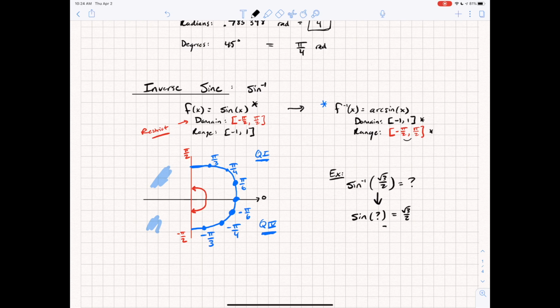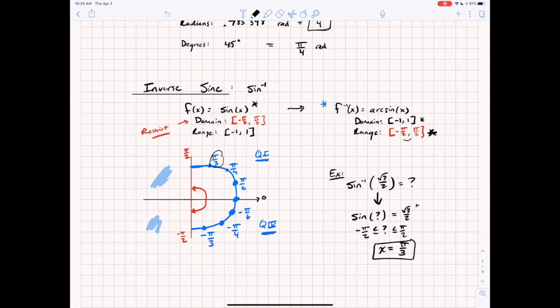But that angle has to be in between negative pi over 2 and positive pi over 2 because of the restriction of my range for inverse. And so if I'm looking at this unit circle that I drew, and I'm asking where there is a y-coordinate of positive root 3 over 2, this would happen here at pi over 3, and that's the only answer that I would get when I'm doing inverse sine.